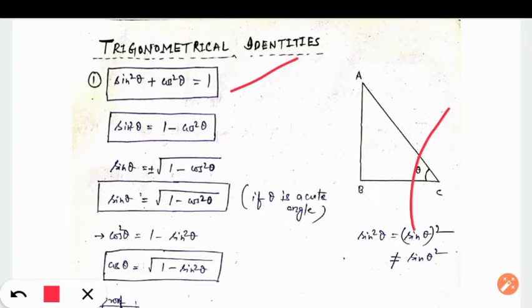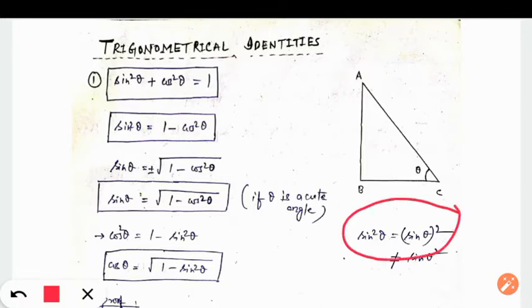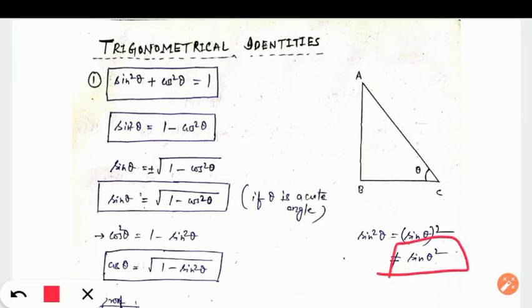Let me tell you one more thing. What do you mean by sine square theta? Sine square theta means sine theta whole square. It doesn't mean square of theta. It doesn't mean sine theta square. Sine theta square means that we are doing a square of the angle.